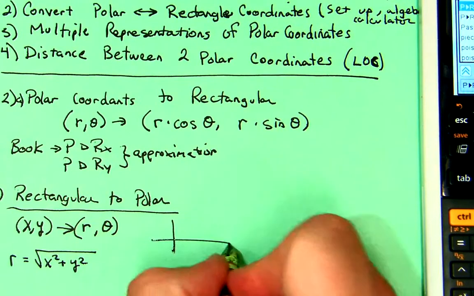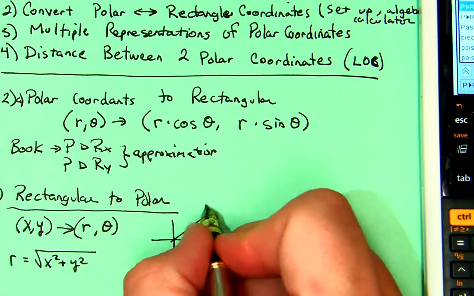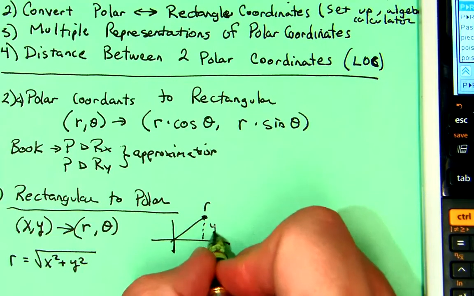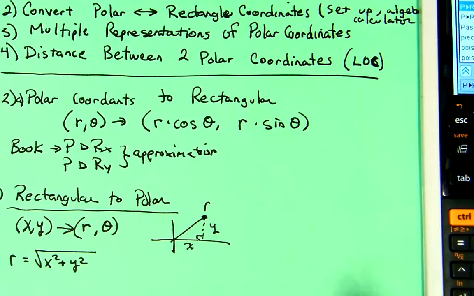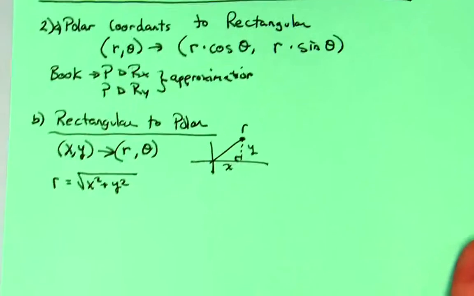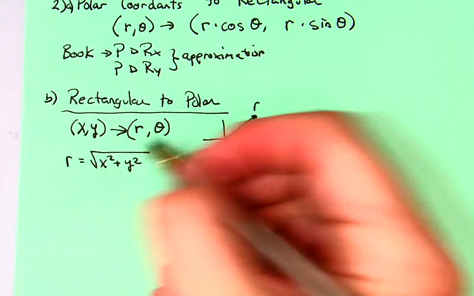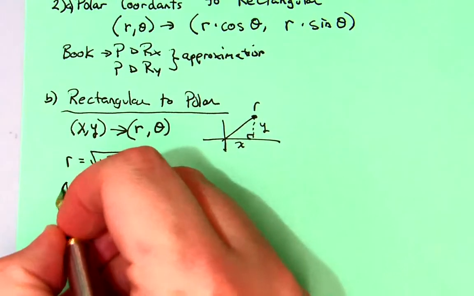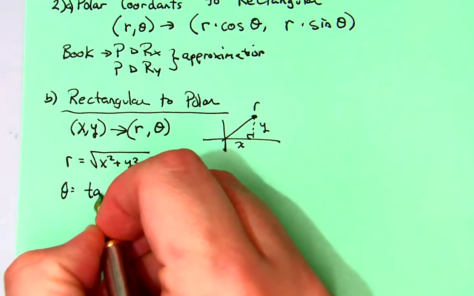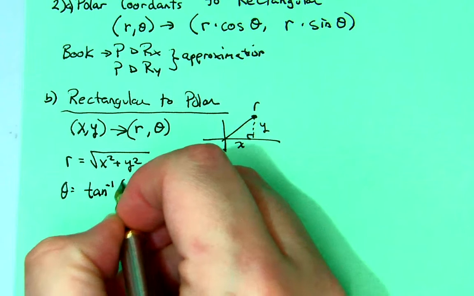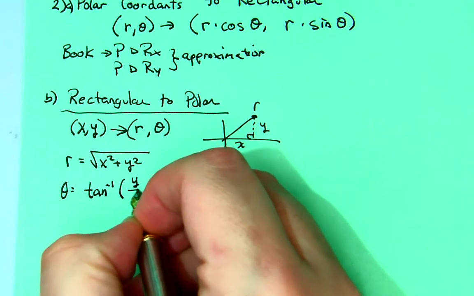Because essentially, if that's r, there's y, there's x, we have a right triangle. We use the Pythagorean theorem to get r. Now theta is going to be equal to the inverse tangent of y over x.